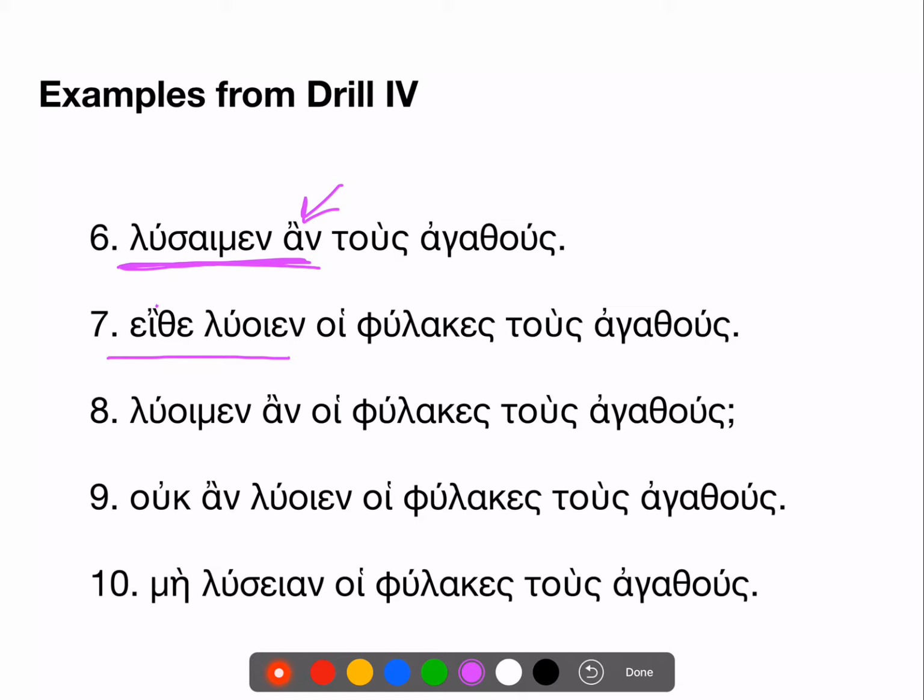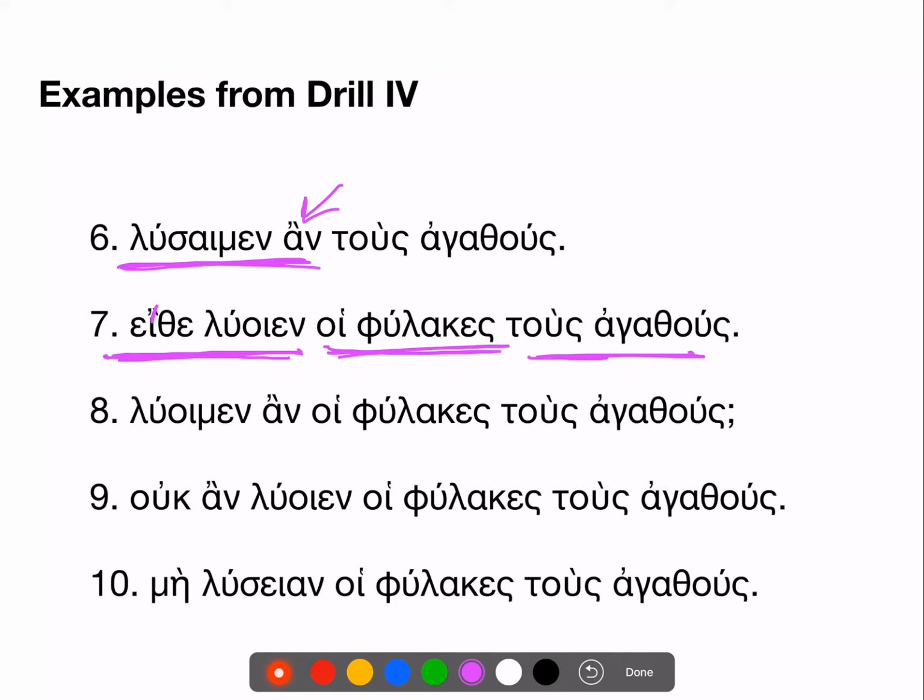Eithe luoien. Oh, that accent's wrong. Let's fix that. Eithe luoien hoi phulakes tous agathous. So now we have eithe plus a present optative, third person plural, and we have a subject, hoi phulakes, in the nominative. And then we still have the good men as the object.